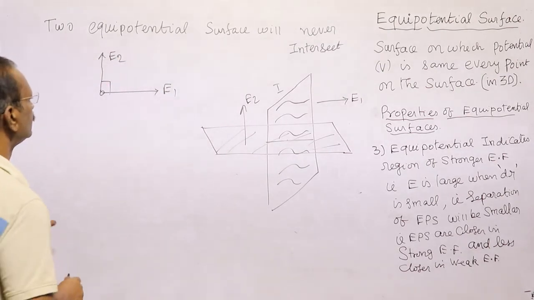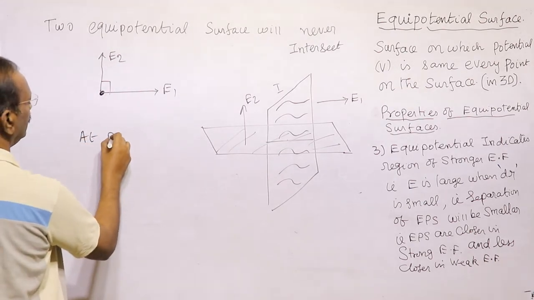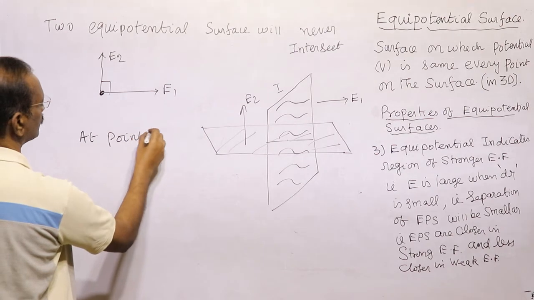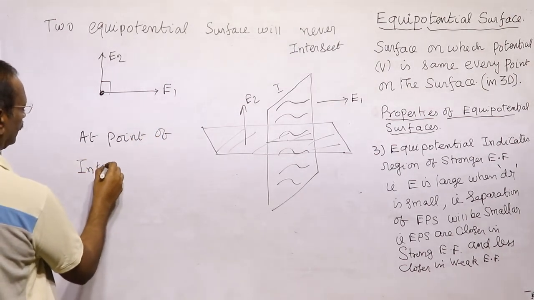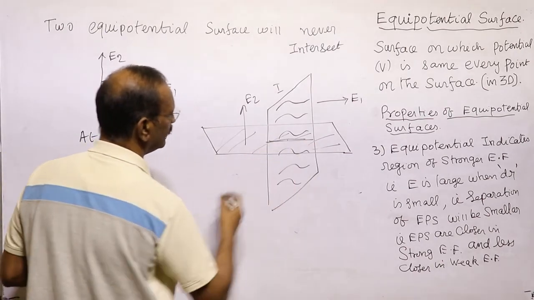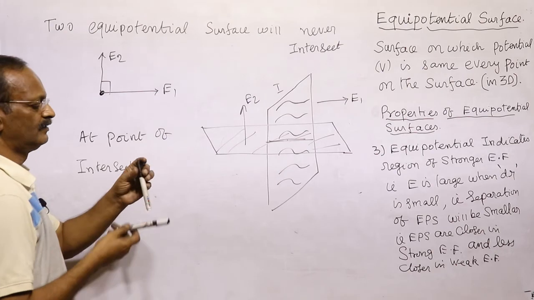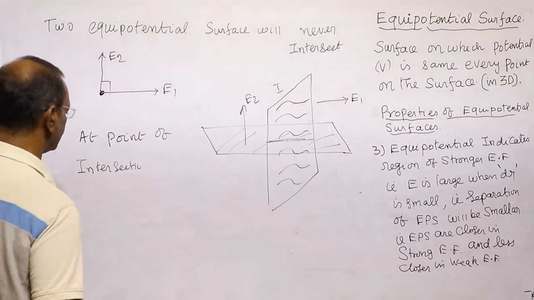It means at the point of intersection, both will intersect. One will go this way, and this is the point of intersection.